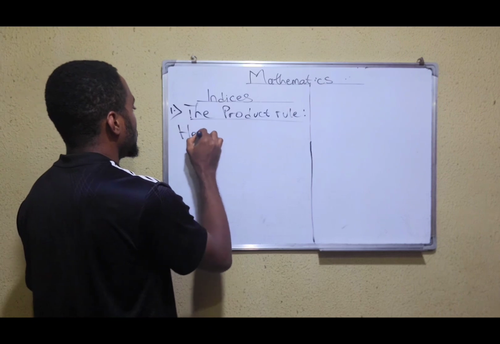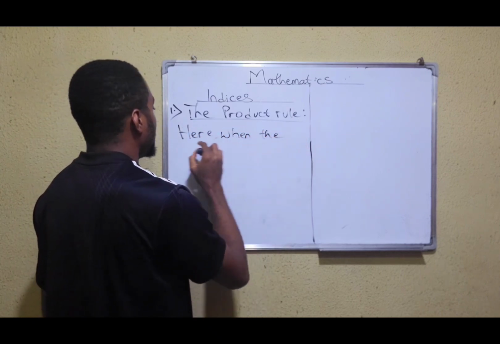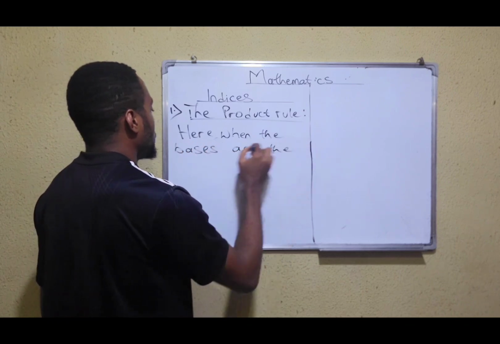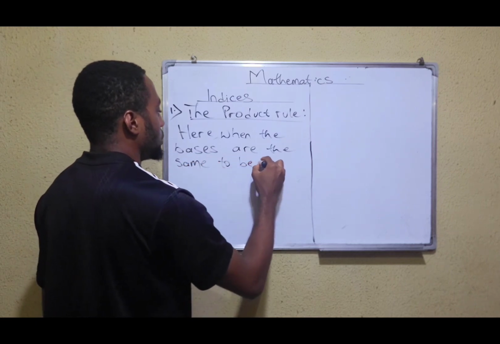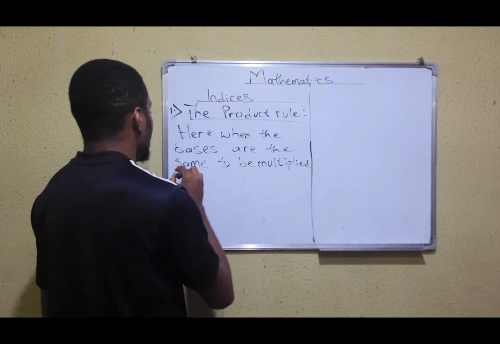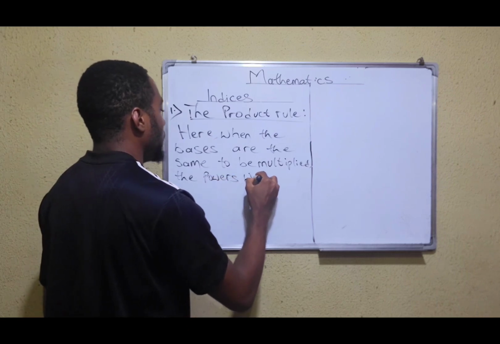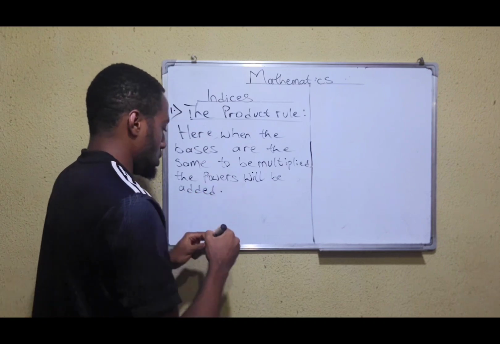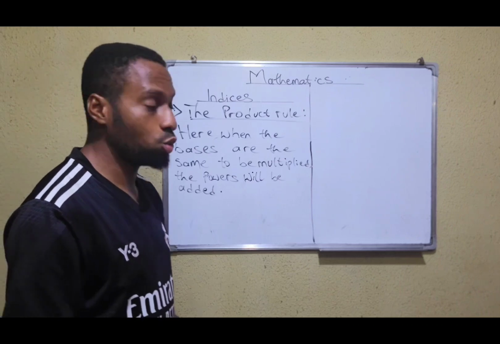Here, when the bases are the same to be multiplied, the powers will be added. Here, when the bases are the same to be multiplied, the powers will be added.